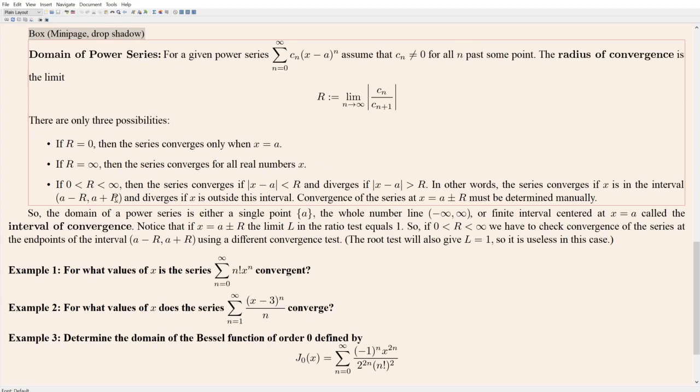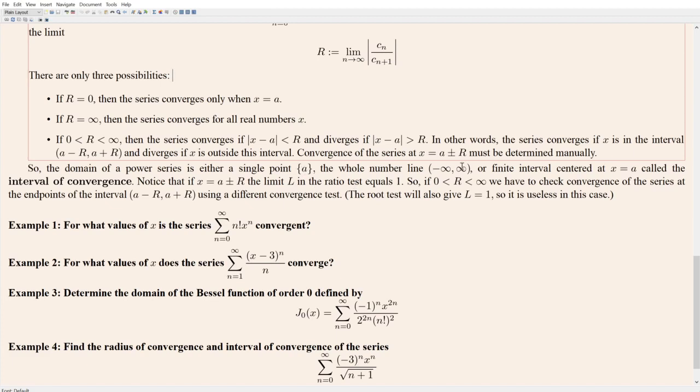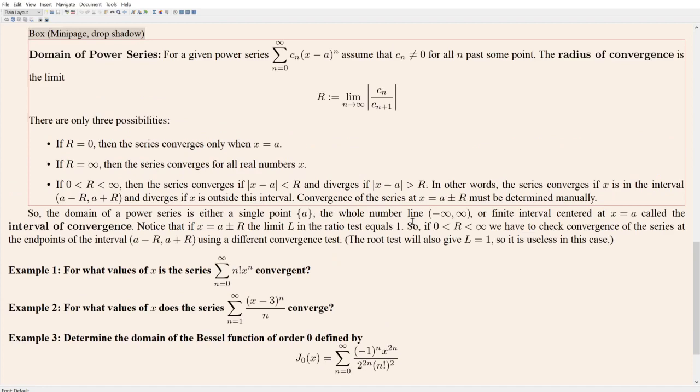And the radius of this interval is r, which is why this is called the radius of convergence. You can think of these as limiting cases. If the radius is 0, then the interval is just a single point. And if the radius is infinite, then the interval takes up the entire line. So radius of convergence is an evocative term for this.